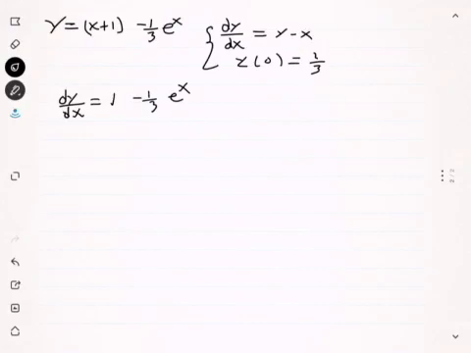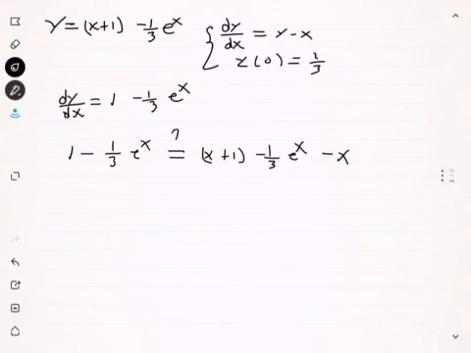So we want to see that dy dx equals y minus x. We plug in dy dx, that's 1 minus 1/3 e to the x, and on the other side we have y, which is x plus 1 minus 1/3 e to the x, and then we're subtracting x from it.